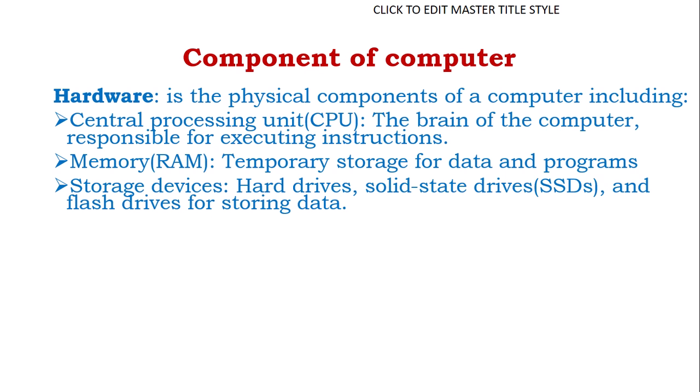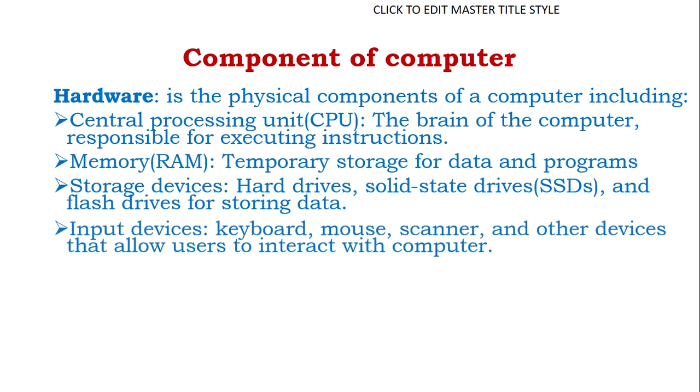Here we have the hard drives, the solid state drives, abbreviated as SSDs, and the flash drives for storing data. Storage devices are devices which are used to store this data. For example, we can have the flash disks. So they are under the storage devices.